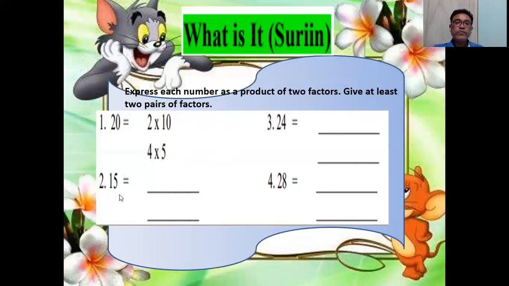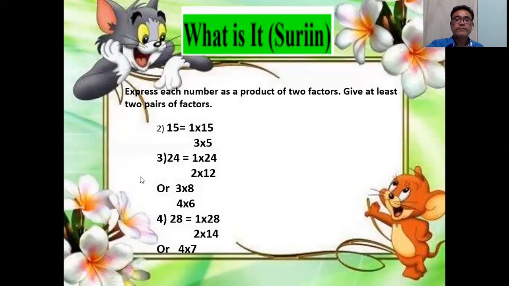Let's begin with number 2. Okay, here are the answers. For number 2, we have 15: 1 times 15, 3 times 5.